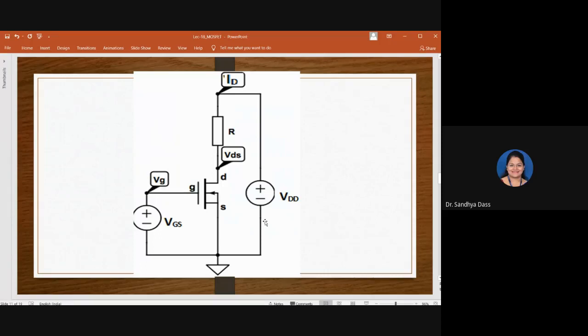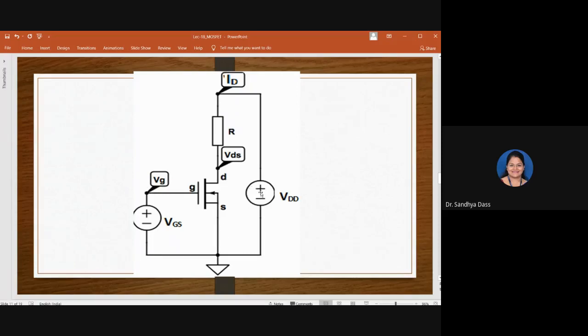To understand and to plot the characteristics, what should we do? We should conduct an experiment, isn't it? We conduct the experiment using a circuit where you have the MOSFET with drain, source, and gate terminals.